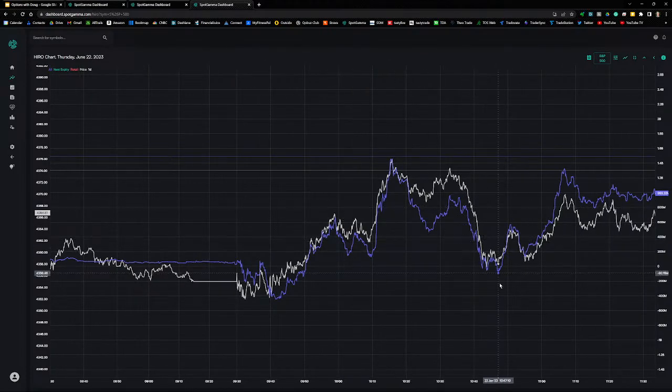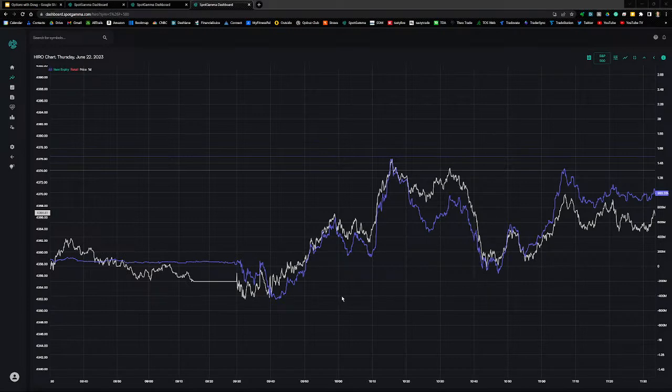And note that options traders came in just a couple of minutes later. Note the rising hero line confirming that move higher.